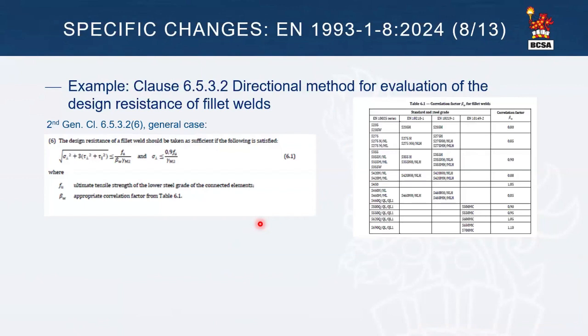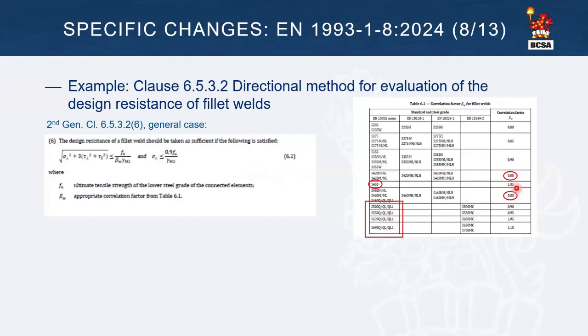So the general case in the second generation, this equation 6.1, is well known. It has not been modified from the current code. The correlation factor beta W has now also been derived for steel grades S450 and, obviously, steel grades above S460.